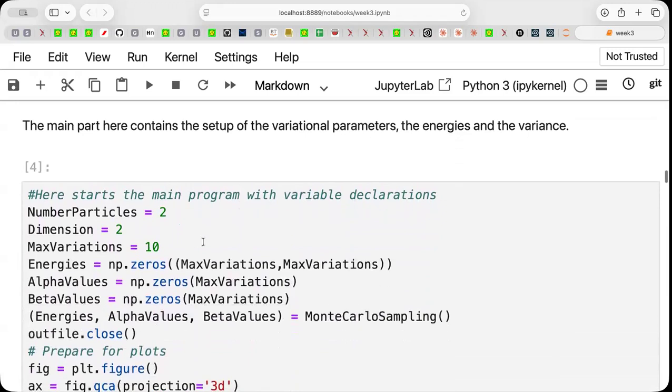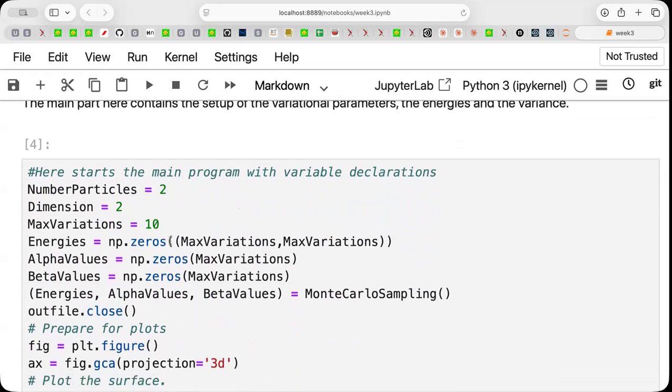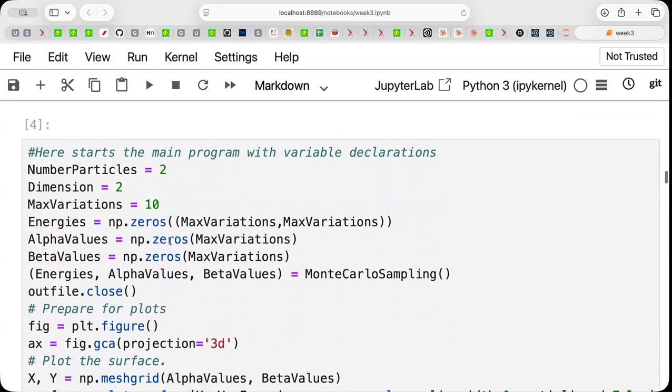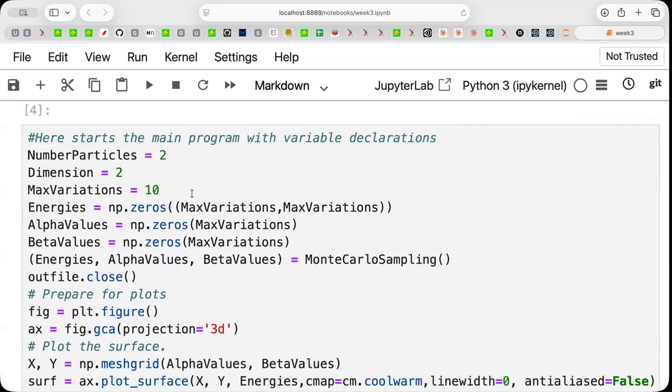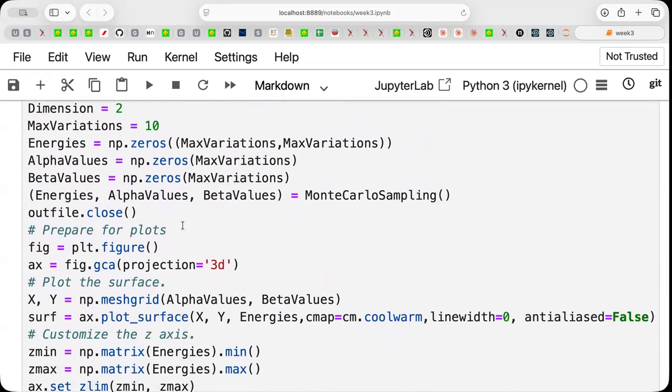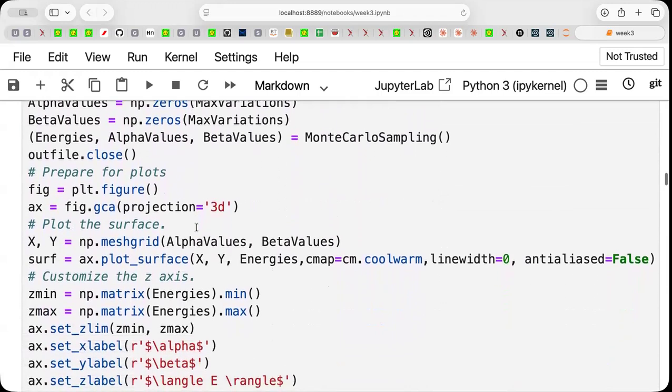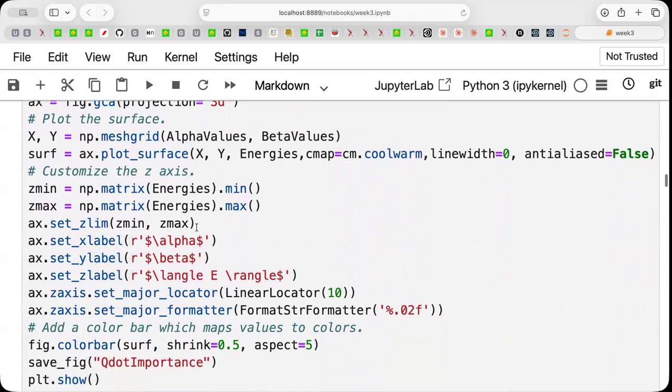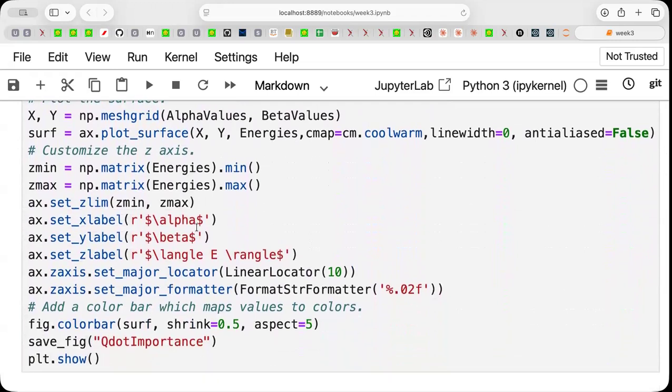In this specific case, I define two particles, two dimensions. I have number of variables, alpha and beta, equal to 10, so that means I'm doing 100 calculations. And then after this, I am making a plot. Feel free to run these codes if you want to.